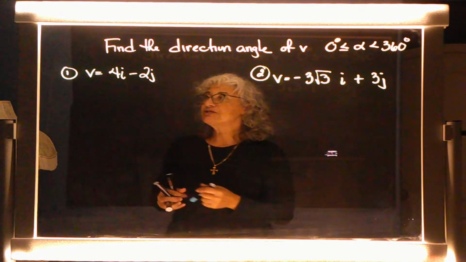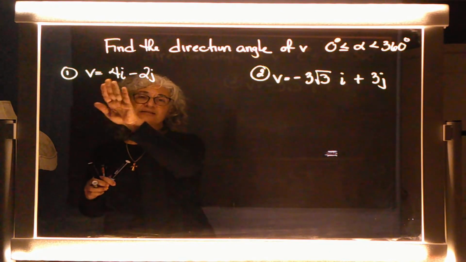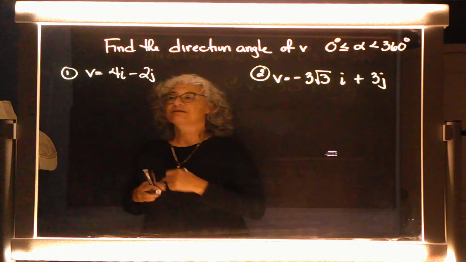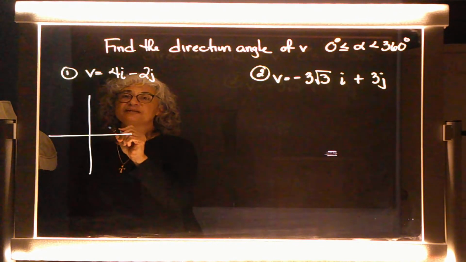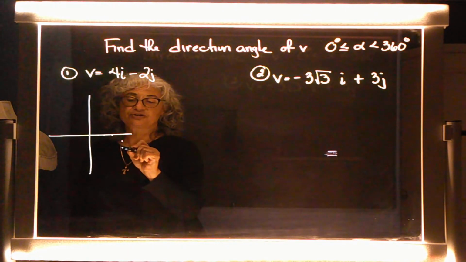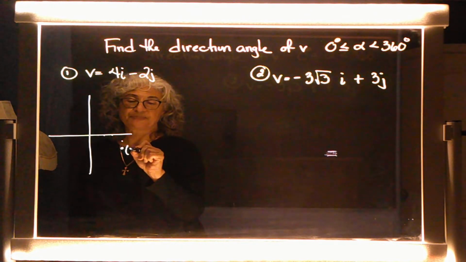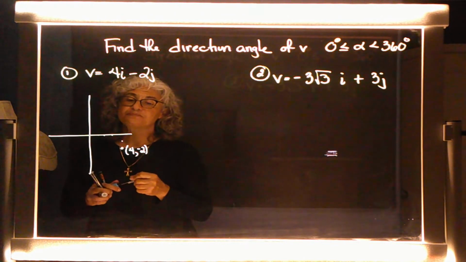Now, what I'd like to do for number 1 is I'd like you to look at something. Remember, this is your x and y components, right? So if these are my x, y components, this means my x is 4 and my y is a negative 2, which means I'm here at this point for negative 2, correct?